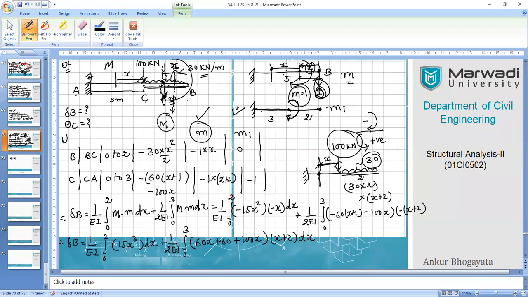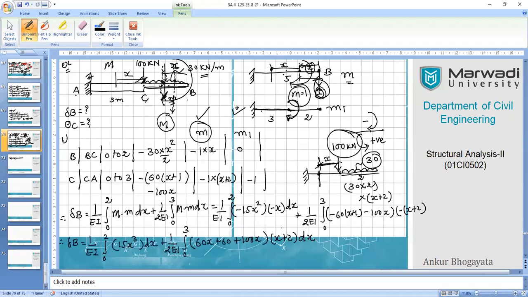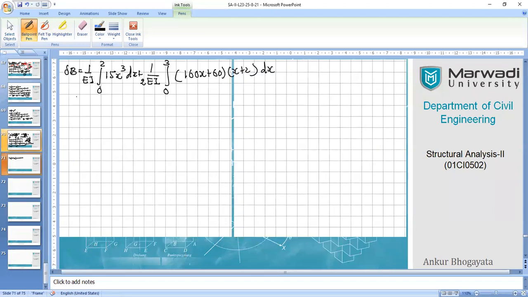Okay, now let's simplify this, like 160 and 60, right? So 160x plus 60 into x plus 2. Let me confirm it once again. It is x plus 2, yes. So now we are independent of the other page.